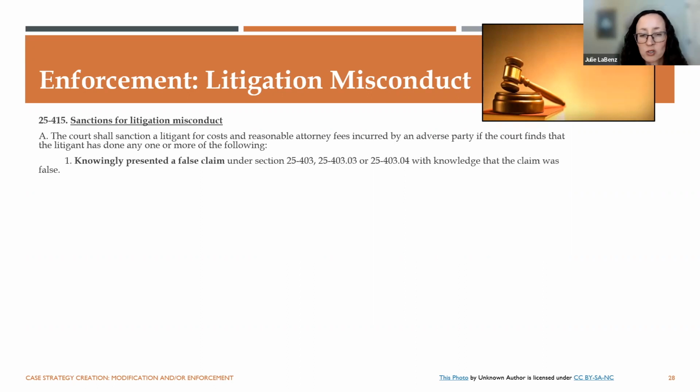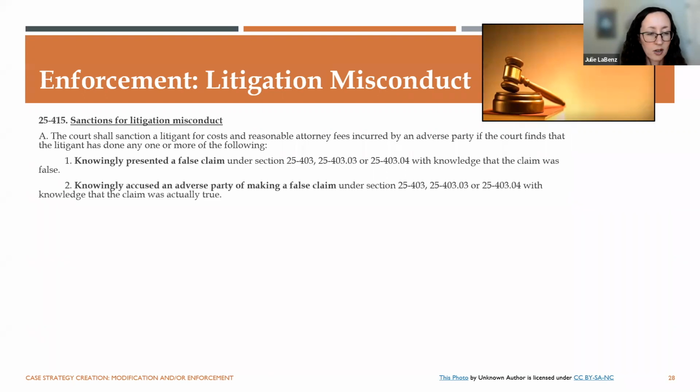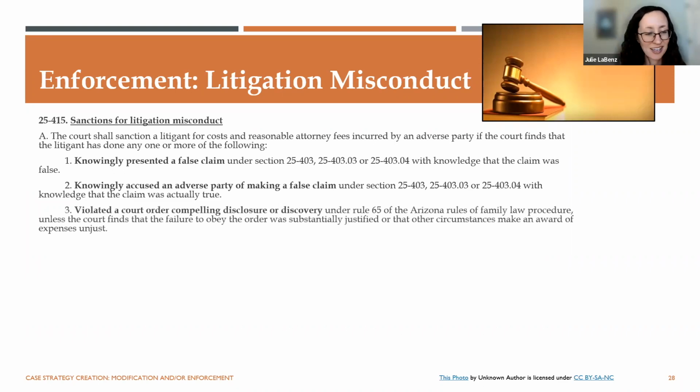Now, those statutes listed there are related to best interests of the child. And then I believe 3 and 4, I think that's child abuse and substance abuse, domestic violence. So presenting a false claim in the child custody context, knowing that it's false. Knowingly accusing an adverse party of making a false claim with knowledge that the claim was actually true. Again, this is in the child custody context.